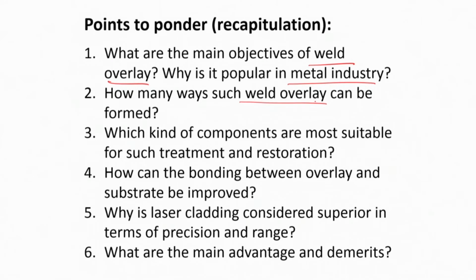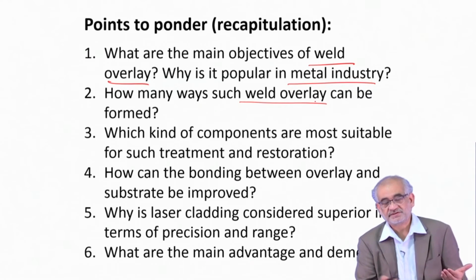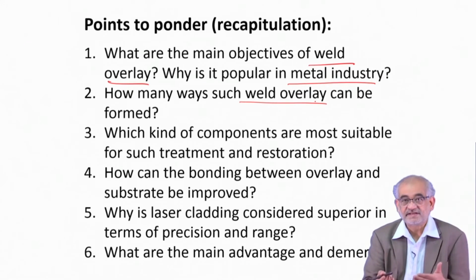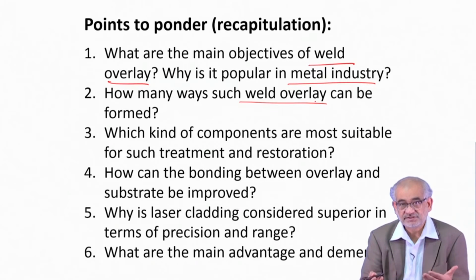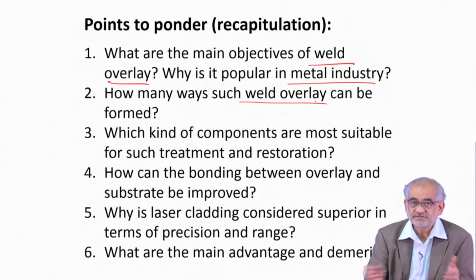Various kinds of components can be treated, from anything from a tube to a nozzle to even a flat region or a disc, or some bearing races, or inside a tube, a large tube and so on. We can also cover much wider surface area.